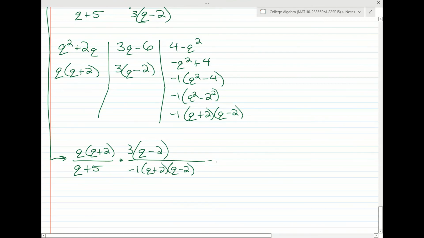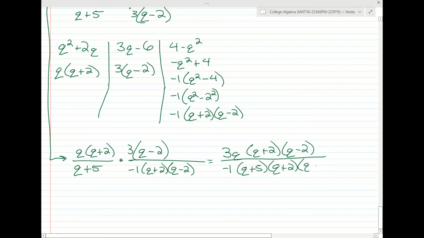Just go straight across. This would be 3 times q plus 2 minus 2. The bottom would be negative 1 times q plus 5 times q plus 2 minus 2.